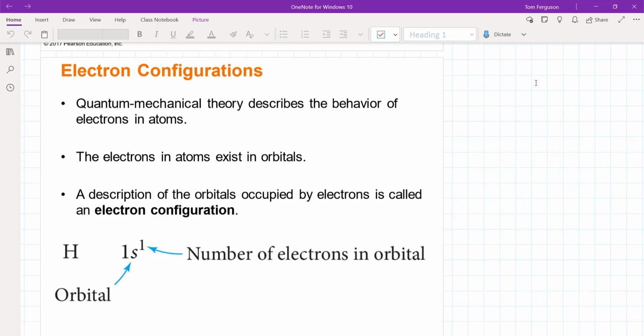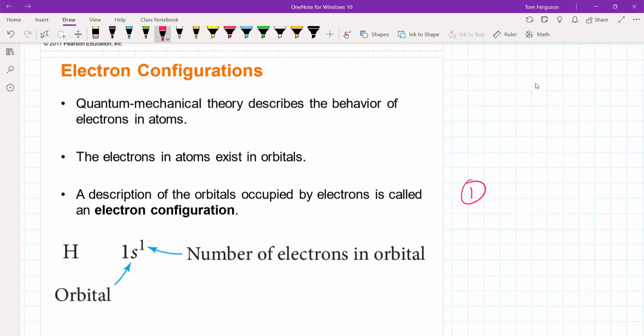Okay, so we have 4 items to contend with. One is the principal quantum number, and that'll be from 1 to 7.